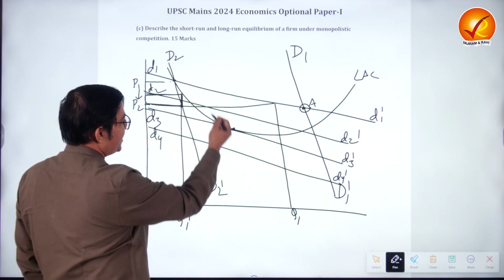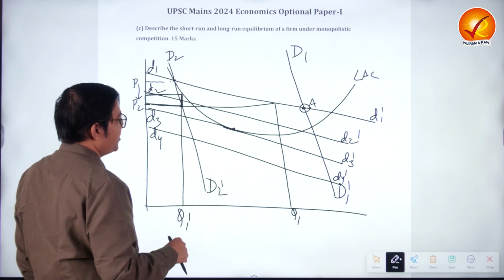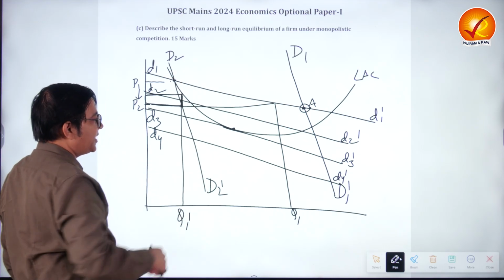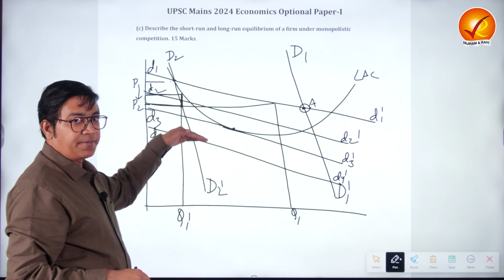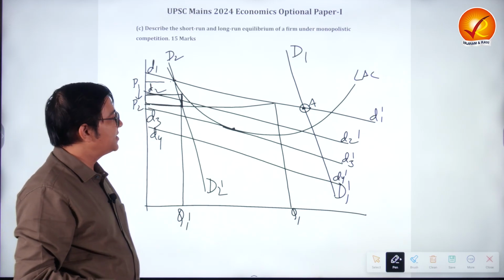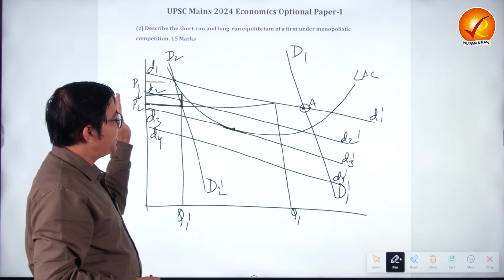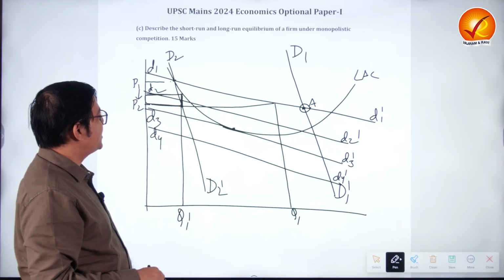The demand curve is entirely under the LAC curve. They realize that they are in loss, and then there is a movement up. How the movement up? When the most loss-making firms start leaving the industry. By the time the perceived demand curve is much down, the loss-making firms start leaving the industry.